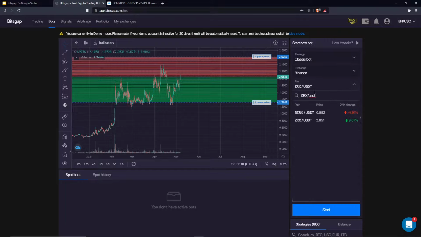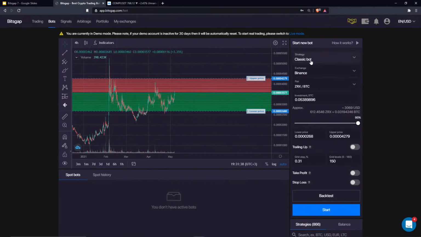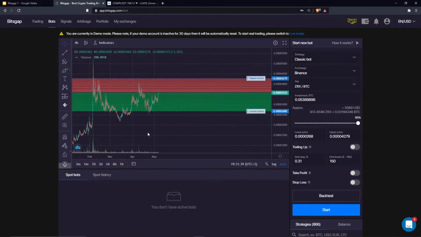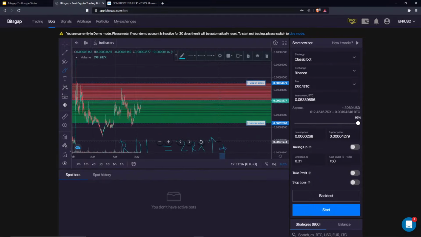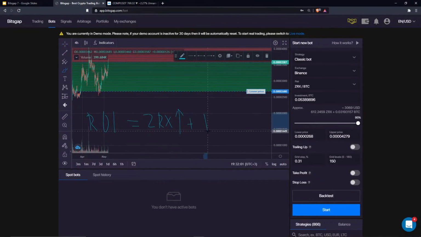Okay, but as we go back to 0x to Bitcoin, here you have a double exposure. And as you have this double exposure by trading the classic bot here, your return on investment is the 0x value plus the BTC that you made in this trade, which can also rise to USDT.